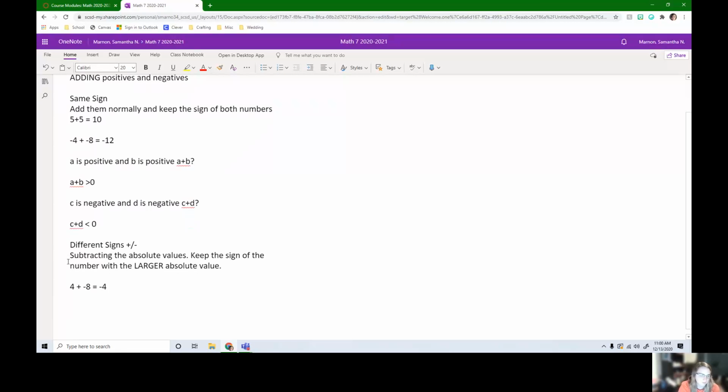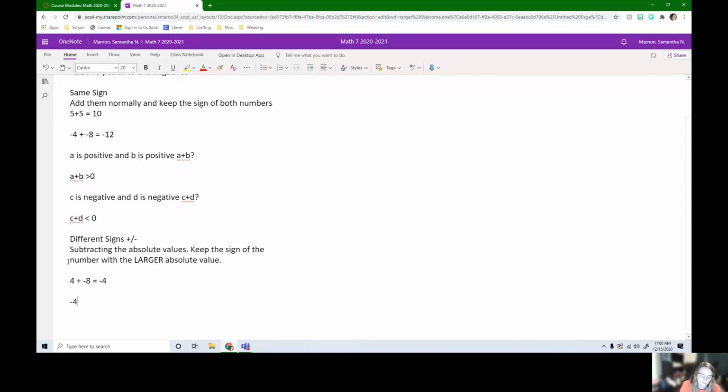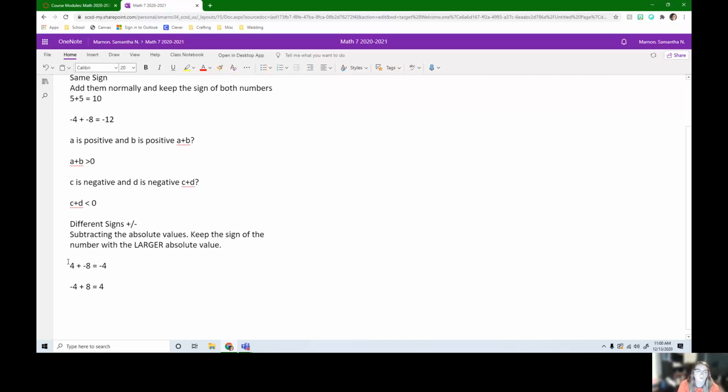If we wanted to flip this around and we wanted it to be -4 plus +8, we're still going to do 8 minus 4 to get 4, but now 8, the bigger number, is positive, so it's going to stay a +4. Sometimes they do it with letters and they do greater than, less than. This is when we need to know if you're adding.